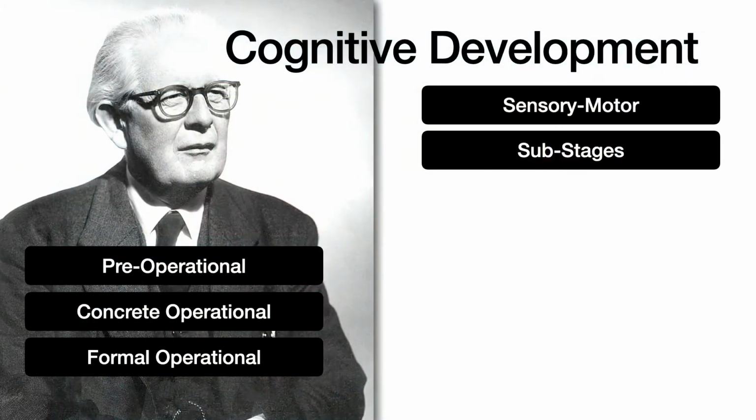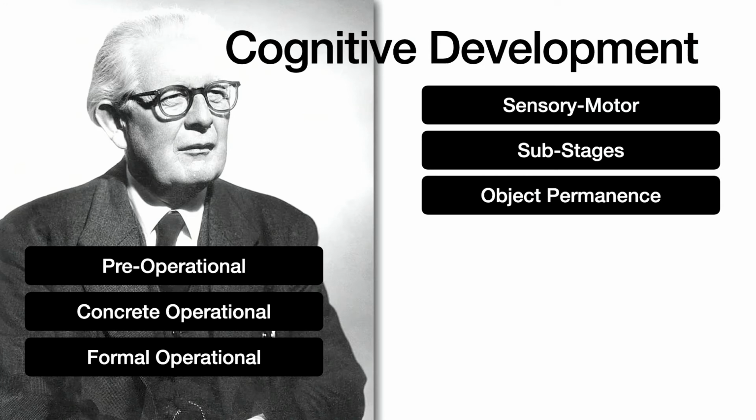So we move back into cognitive development and we have the appearance, which is somewhat of a quantitative aspect of cognitive development, but it has qualitative aspects as well, and that is object permanence.